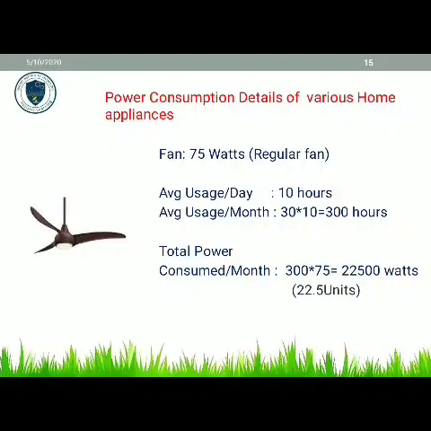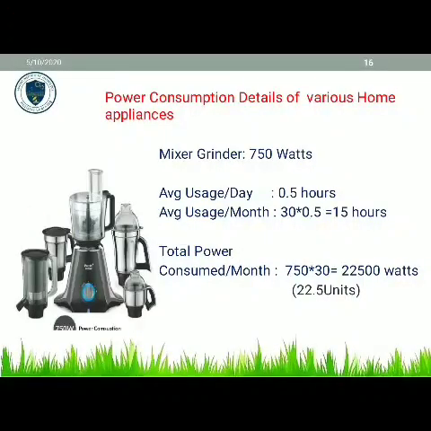Then ceiling fan. The power rating of the ceiling fan is 75 watts. The total power consumed per month is equal to 22.5 units. Then mixer grinder. For the mixer grinder, we are using an average usage per day of 0.5 hours. The total power consumed per month is the same, 22.5 units.